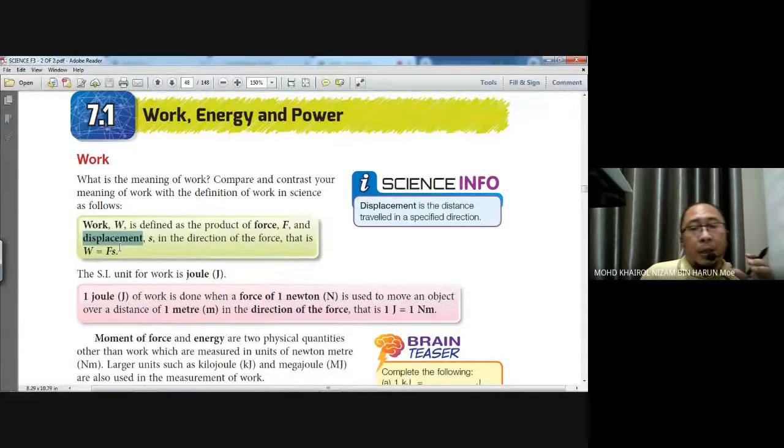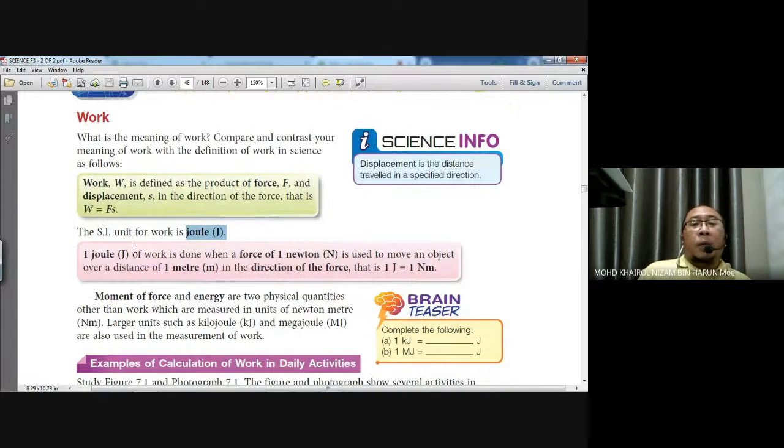In order to find the work for any activity, you have to find the force and multiply it with the displacement that takes place in the direction of the force. And the unit for work is joule, J.